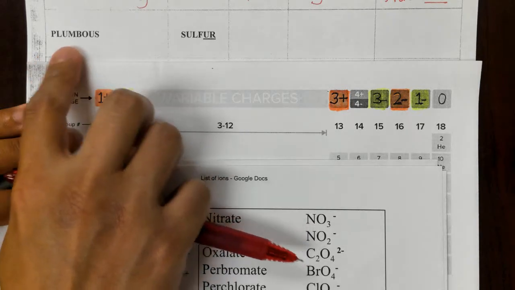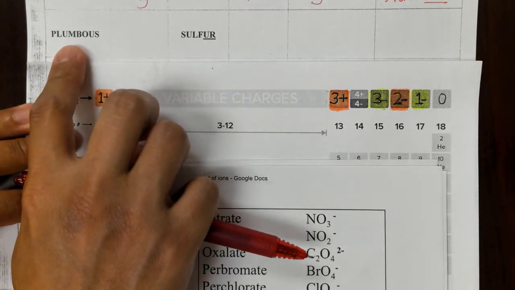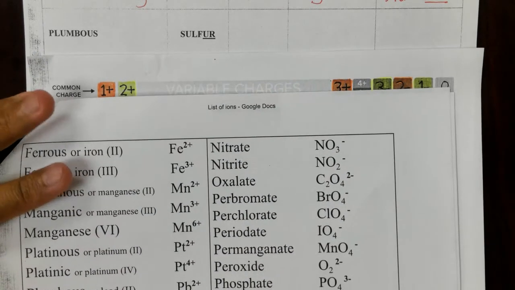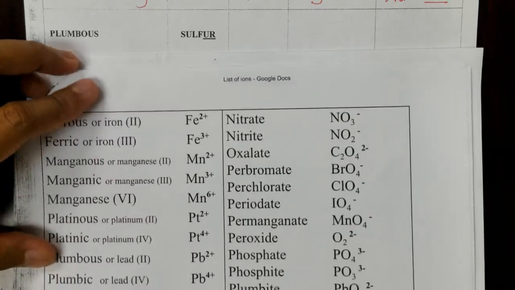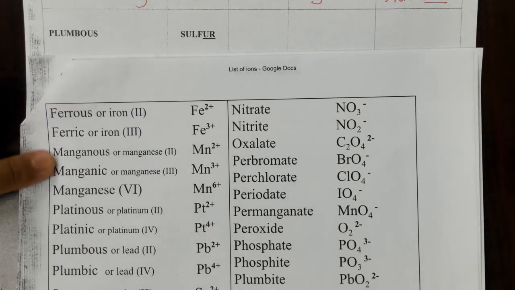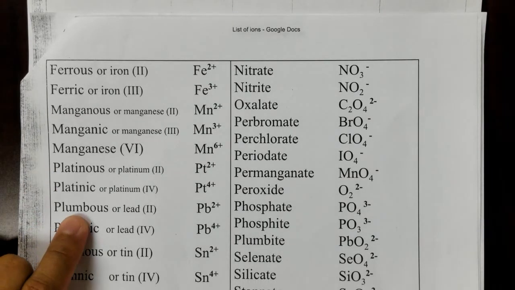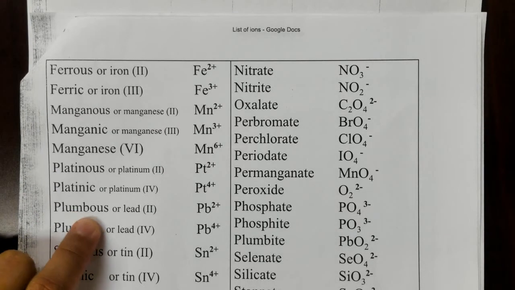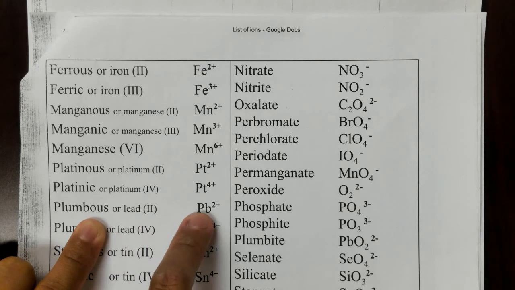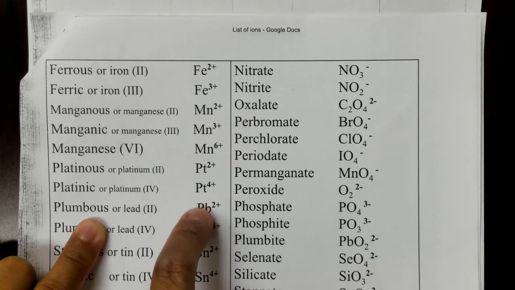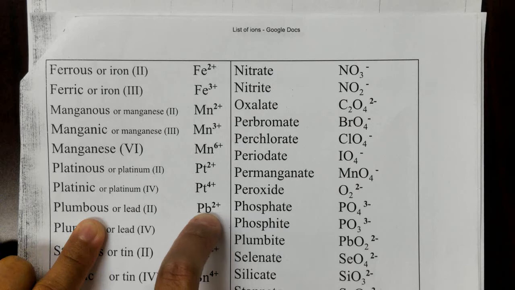And because this is a metal, I look at my list of ions and I look at the first column. So I go to letter P, all the way down, then I see plumbous here. If you see plumbous, that's where it is. Then you go to the right side and you find that it has an oxidation number of Pb2+.